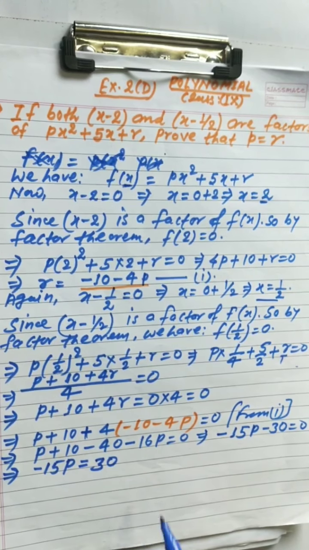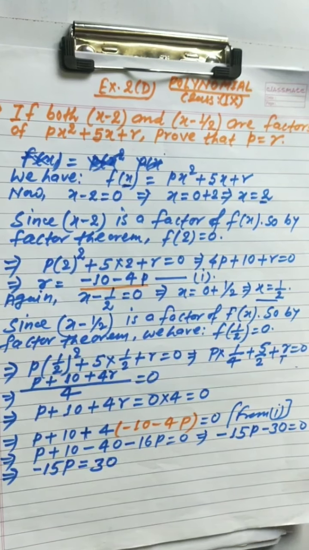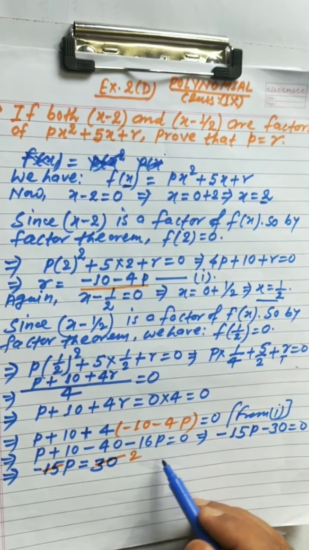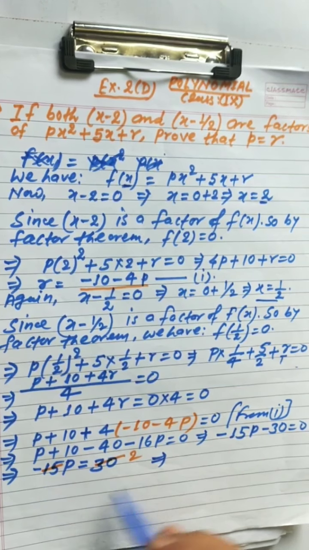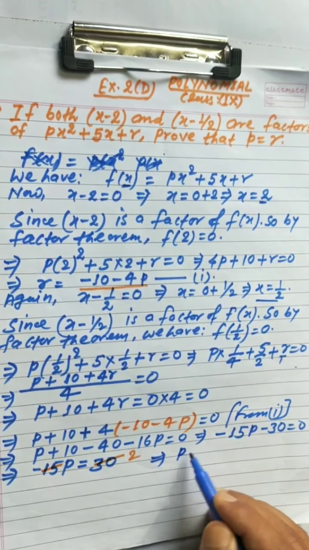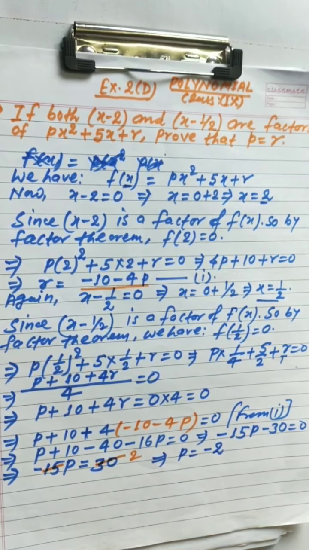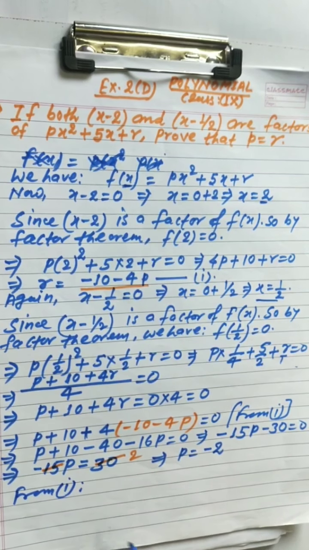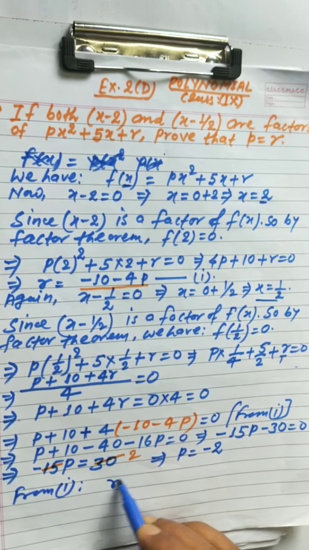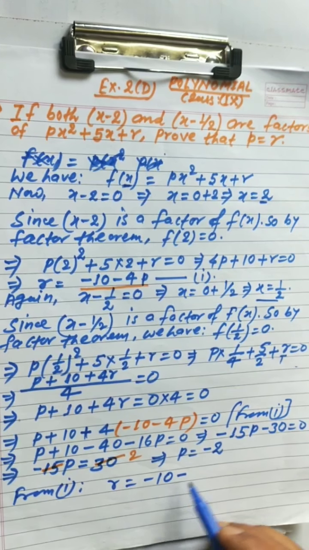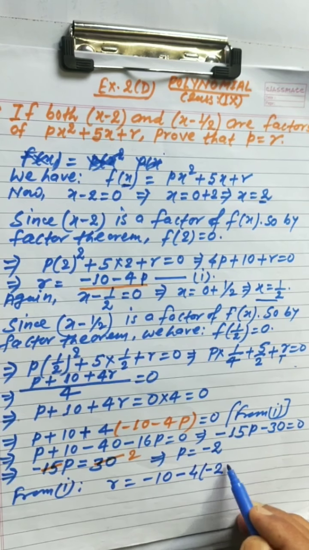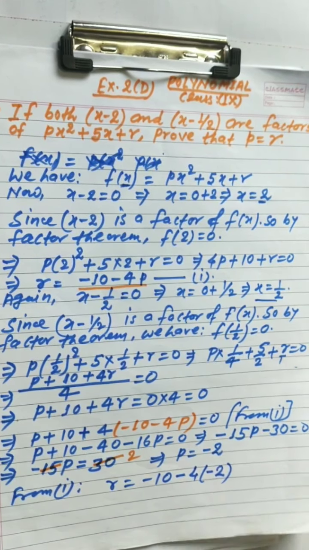This implies that minus 15p will be equal to 30. Now it can be cancelled by 2, so transfer this minus sign to RHS, so p will be equal to minus 2. Now put the value of p in equation first. From equation first, r is equal to minus 10 minus 4 multiplied by p, that is, the value of p is minus 2.